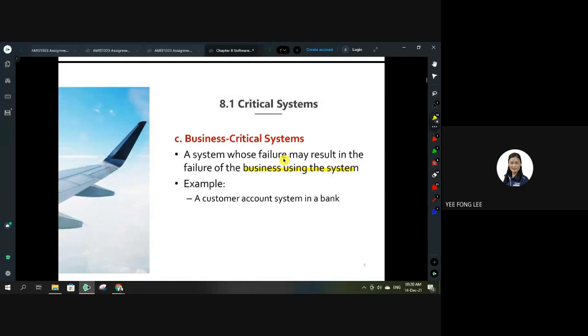So in the long run, it might affect their business performance and profits.